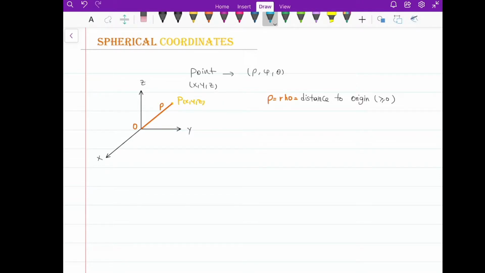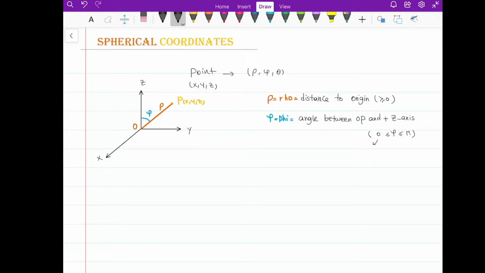Then we have phi. What is phi? Phi is basically the angle from OP to the positive z-axis here. So it's the angle between OP and the positive z-axis. Okay, so phi is always between 0 and pi.